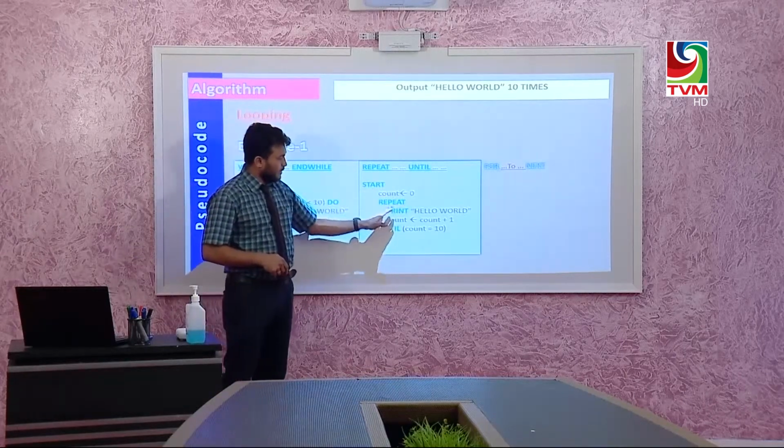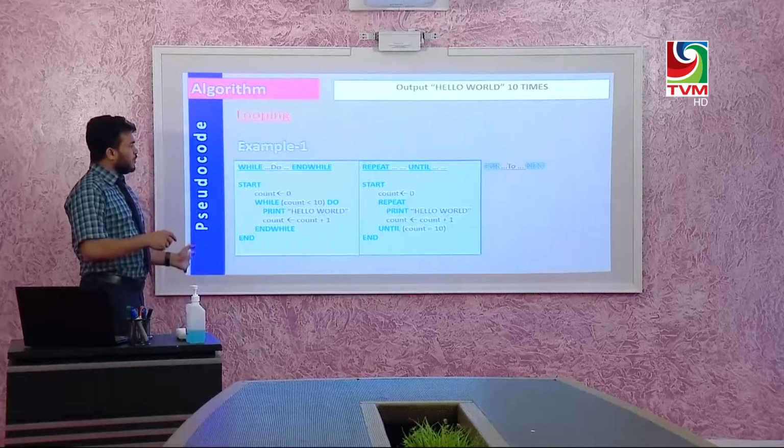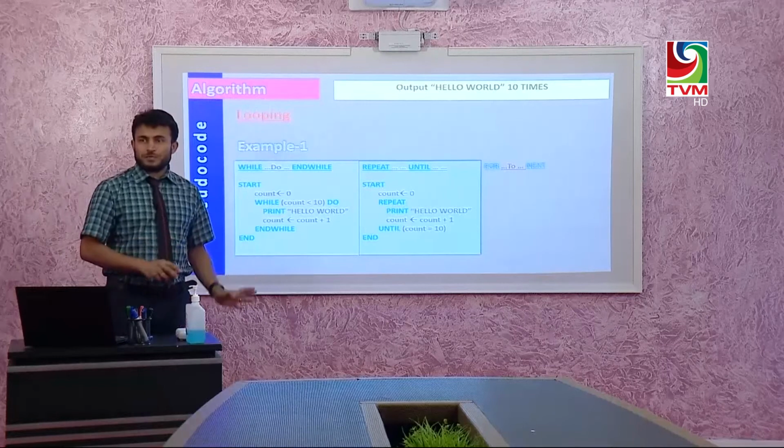So it will print hello world, count equal to count plus 1, 0 plus 1 is 1, until count equal to 10. Whenever the condition is false, this set of statements will be executed. If it is true, the loop will exit. Then end.